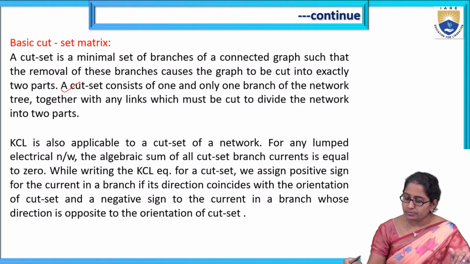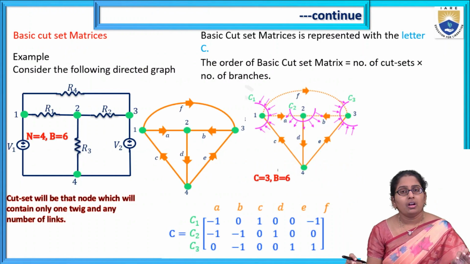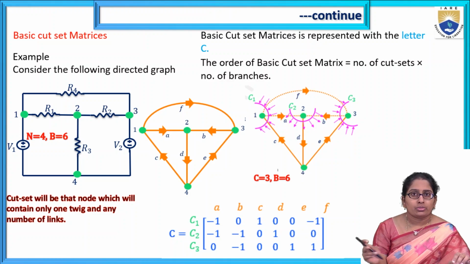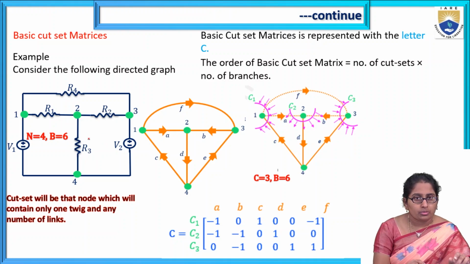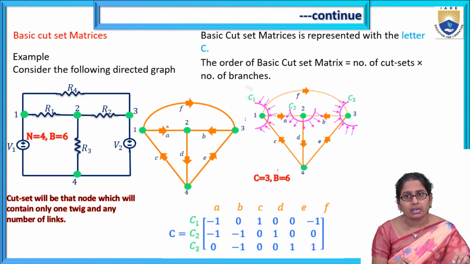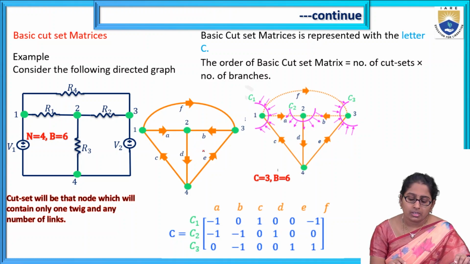Let's see how to write the matrix. Here consider the circuit shown: 4 nodes and 6 branches. So it's the equivalent graph. Already we know this. Now the tree is taken.